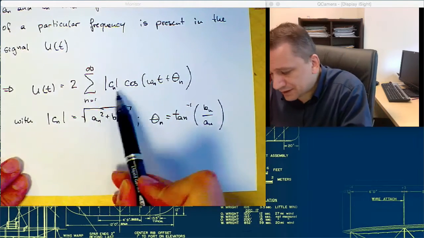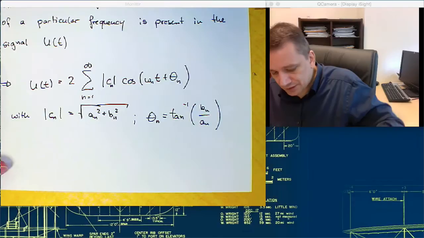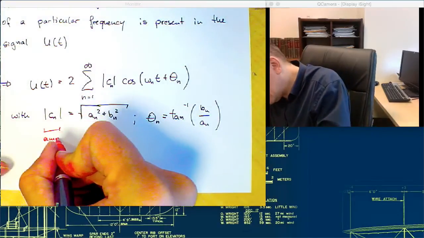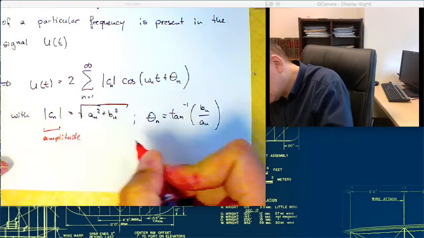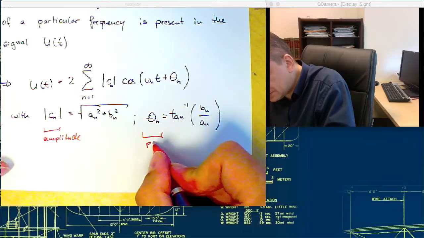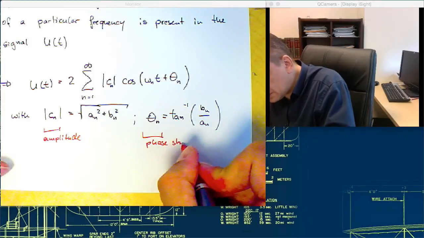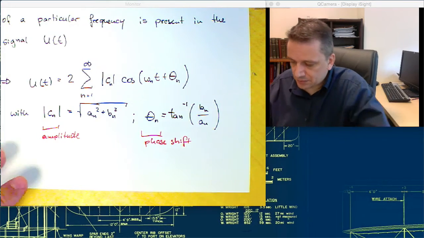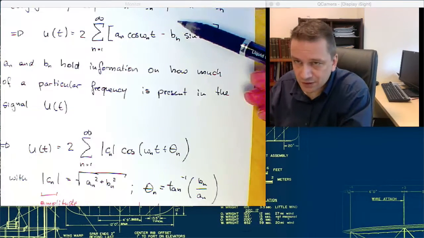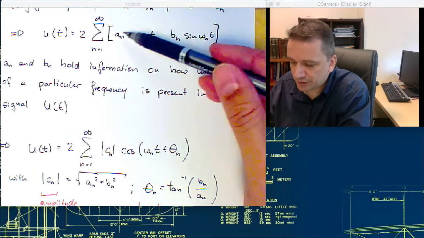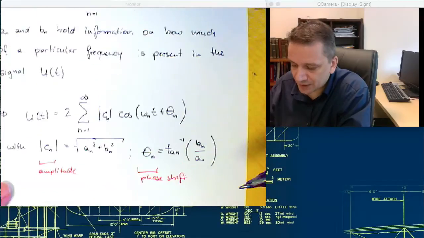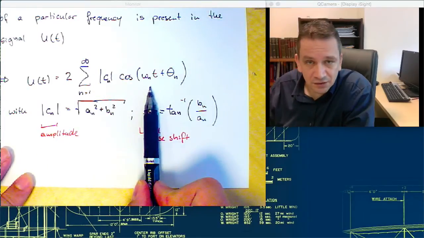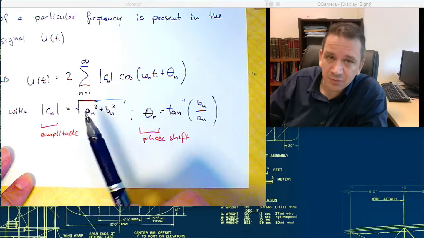Okay, this has the advantage that you have here a value for the amplitude directly and the phase shift. In the previous form, they are somewhat hidden, the phase shift depending on how strong bn is compared to an. Here you have written it out. You have the amplitude directly and the phase shift, and that makes it a bit easier to analyze.